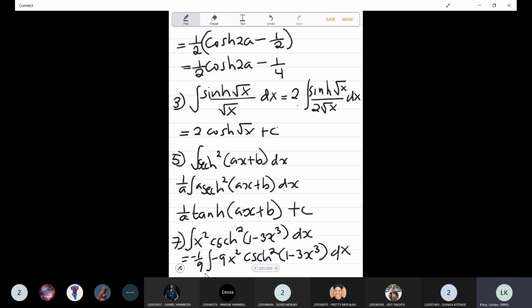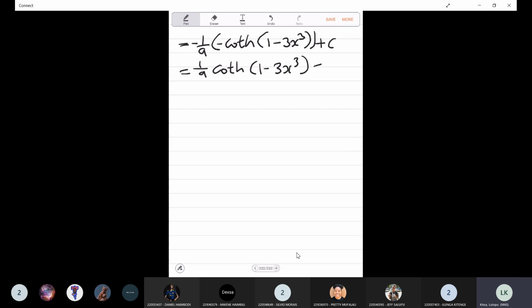So I have negative 1 over 9 times negative hyperbolic cot of 1 minus 3x to the power of 3 plus c, which is just 1 over 9 hyperbolic cot of 1 minus 3x cubed plus c.